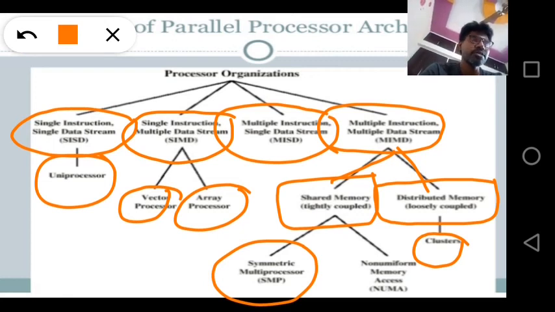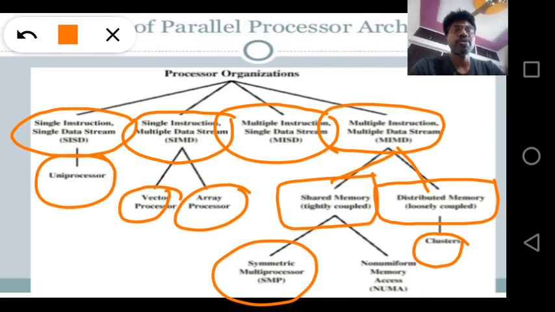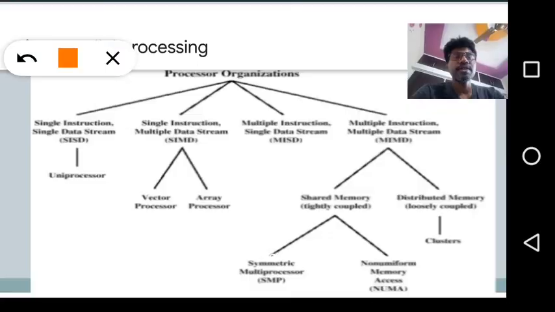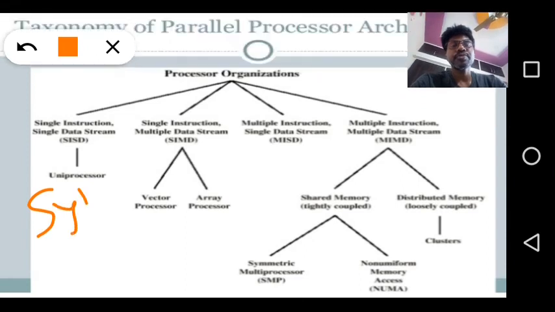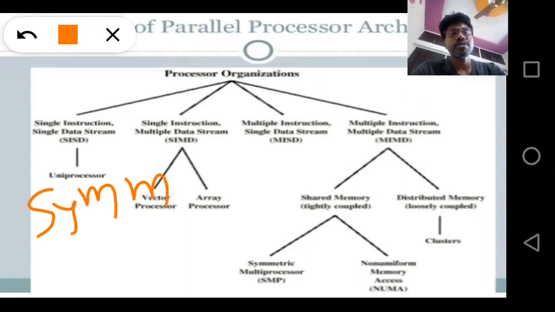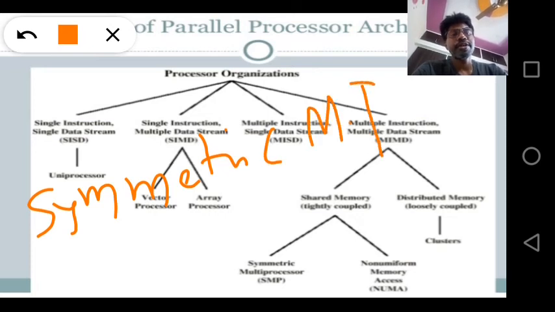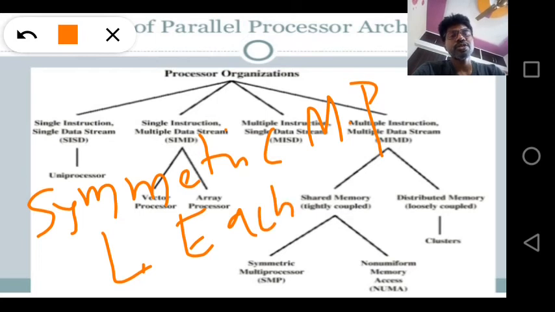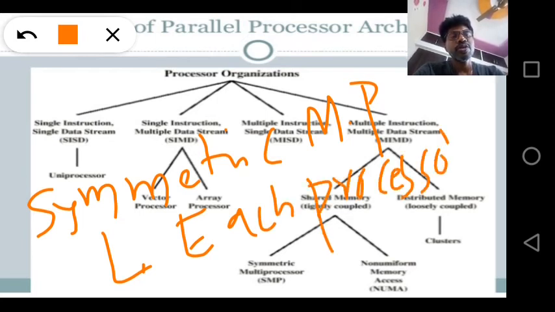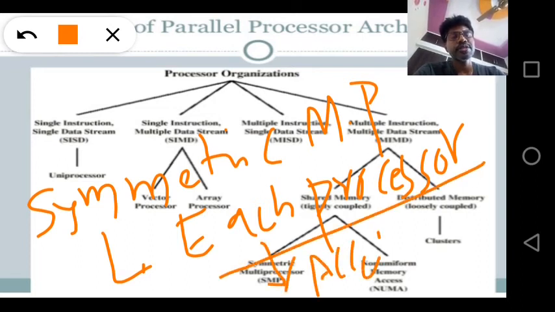This is called symmetric, so it's very important to understand this word. Symmetric means each processor should have equal right to access memory. There is no priority among the processors.